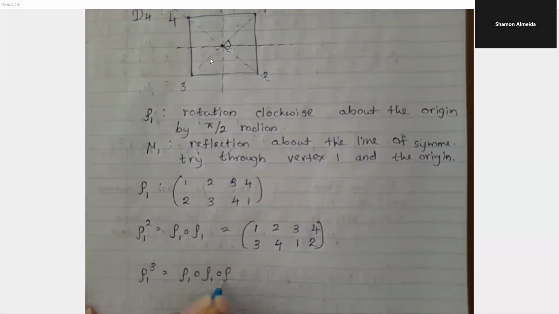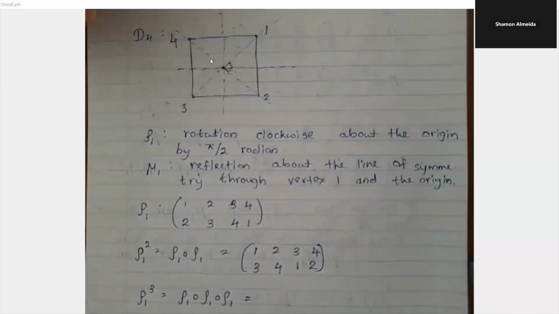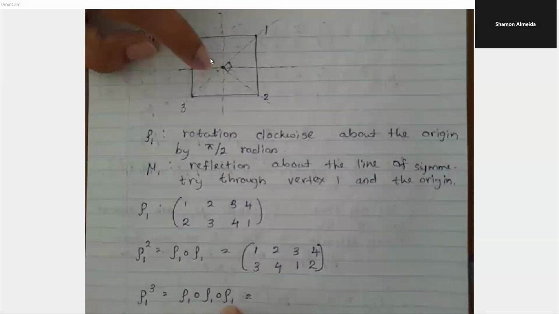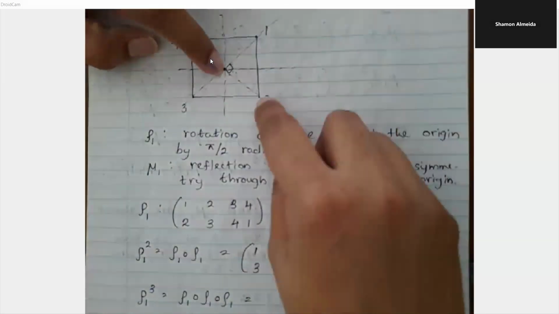This is row 1 composite, row 1 composite, row 1. What does it mean? This means we start with this, right? 1, 2, 3, 4, they are at their respective original spots. First, we take this row 1. This means we are rotating this by an angle of pi over 2. Now 1 is here. Now go to this next permutation. We rotate this by an angle of pi over 2. 1 comes here.